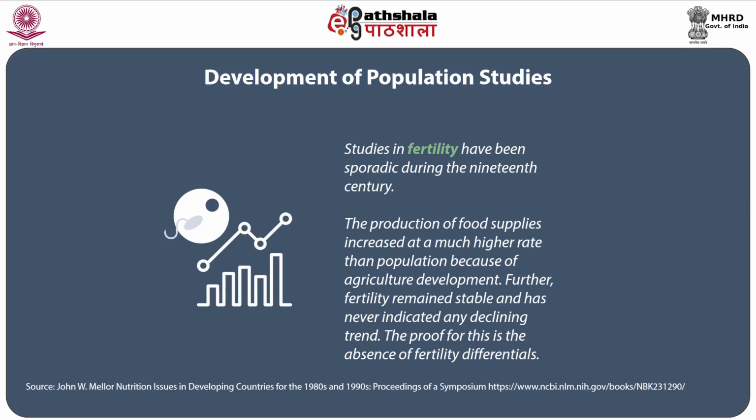In addition, the production of food supplies increased at a much higher rate than population because of agriculture development. Further, fertility remains stable and has never indicated any declining trend. The proof for this is the absence of fertility differentials.